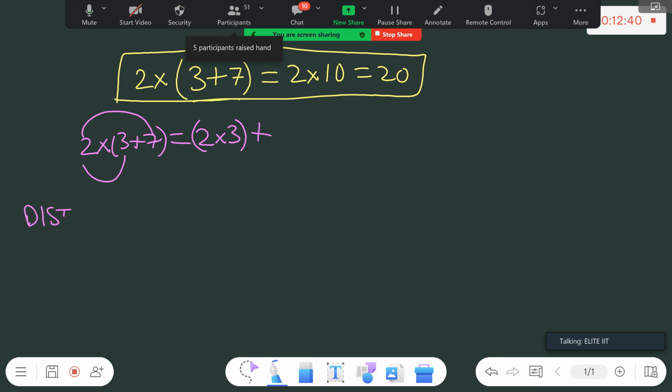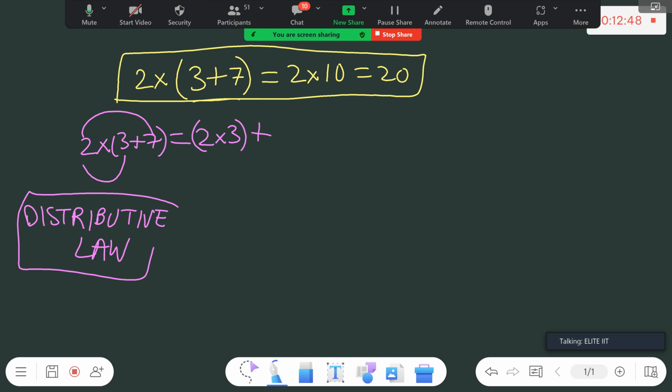This is distributive law. Now, what is this distributive law? If we are given 2 into 3 plus 7, then we can do this.